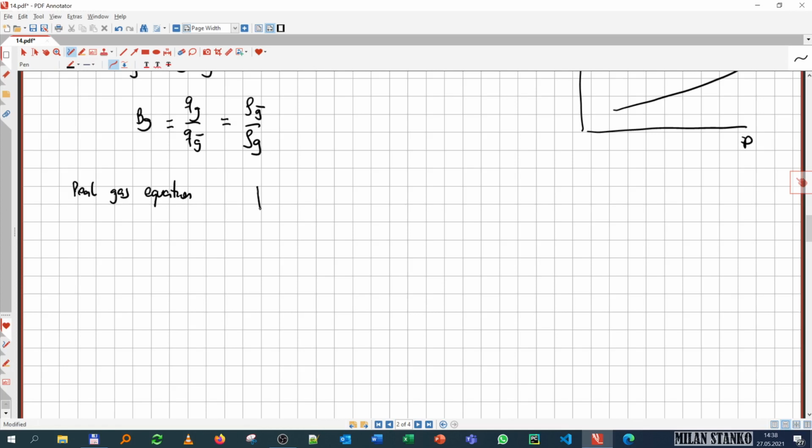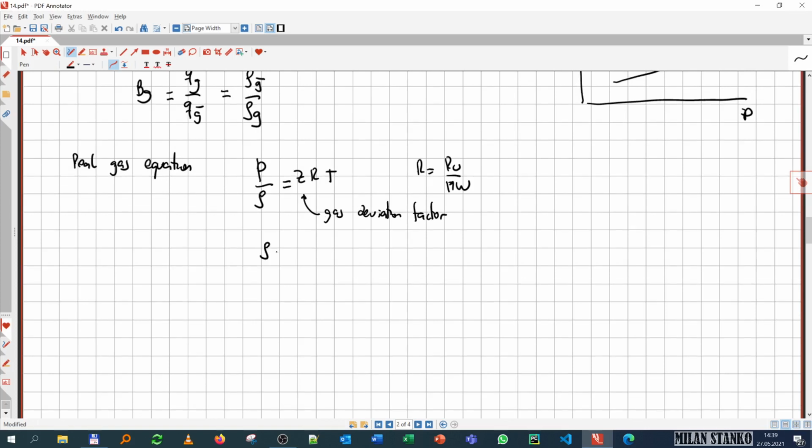It simply says that P divided by the density is going to be equal to RT, where R is the universal gas constant divided by the molecular weight. And I'm missing something, which is the Z. I have a deviation, this is the gas deviation factor. So my density is going to be equal to the pressure divided by ZRT.